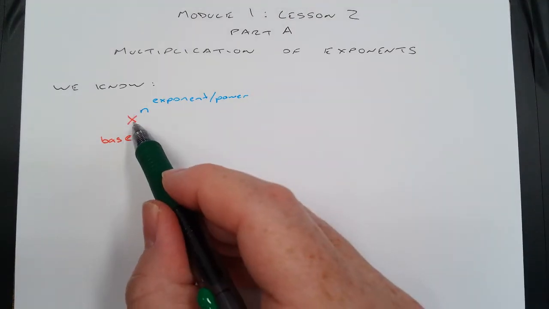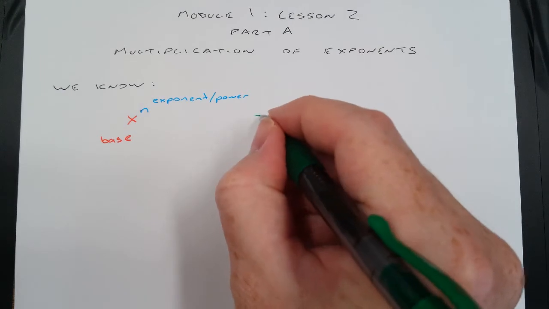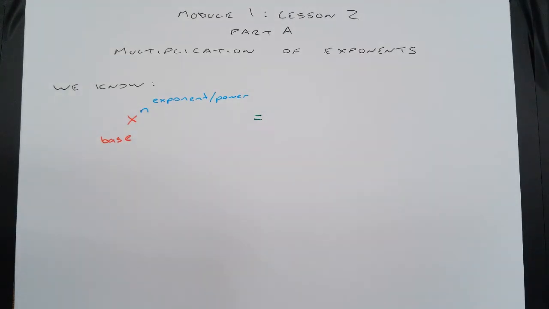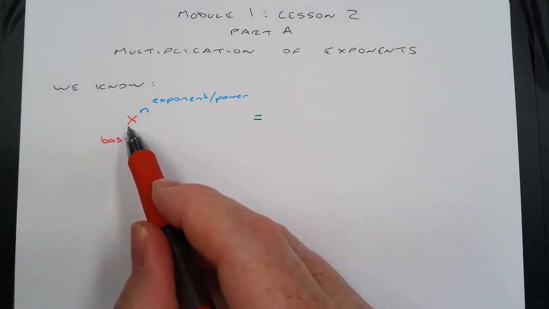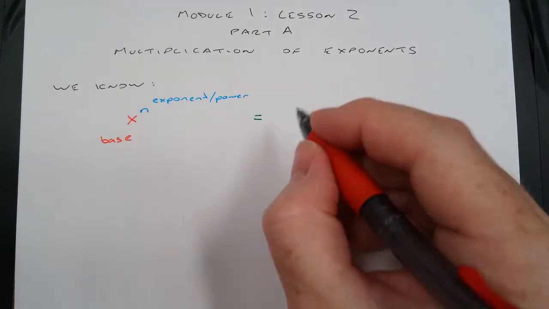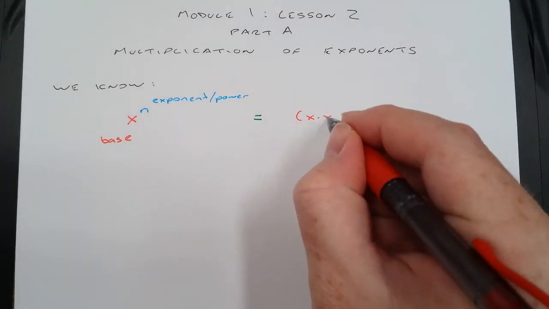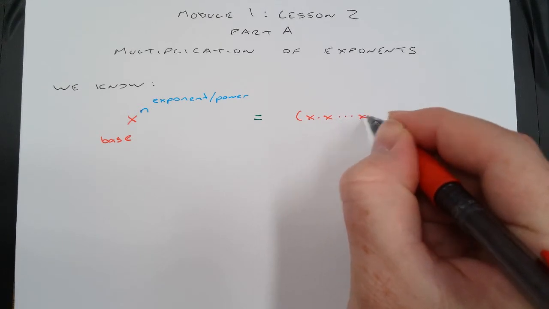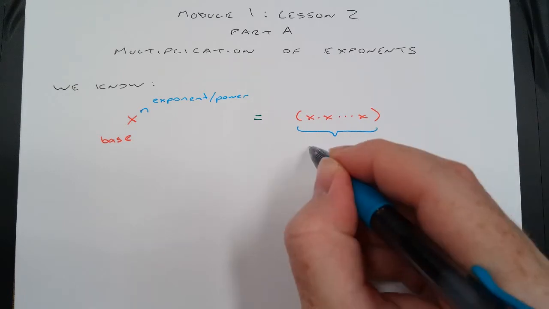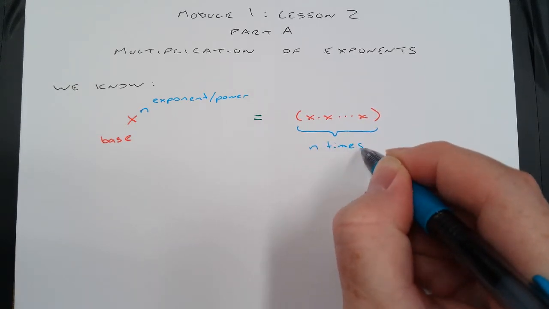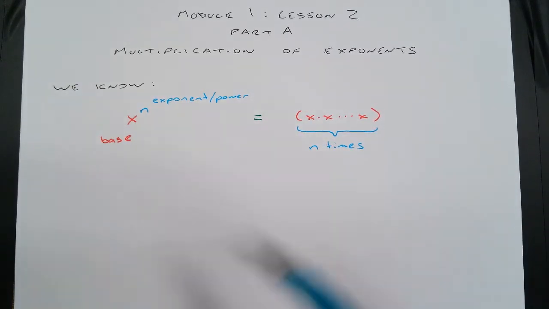And you know that this does not mean x multiplied by n. It means, remember, we said it yesterday, let me say it again. This is not x times n. It is x n times. So we do x n times. So if you look at this, x is not multiplied by n. X is multiplied by itself.